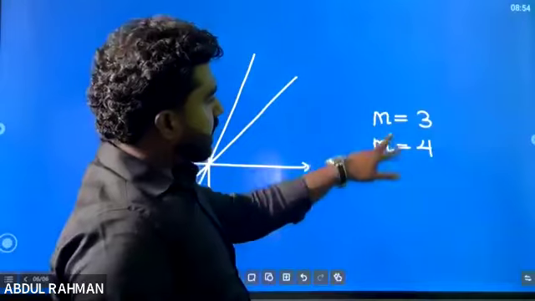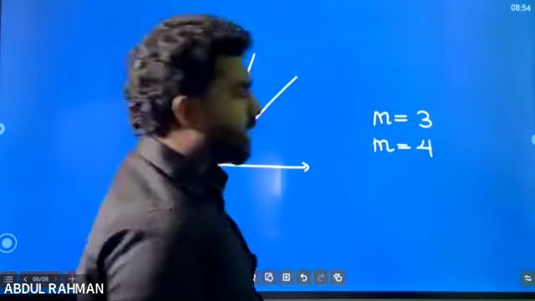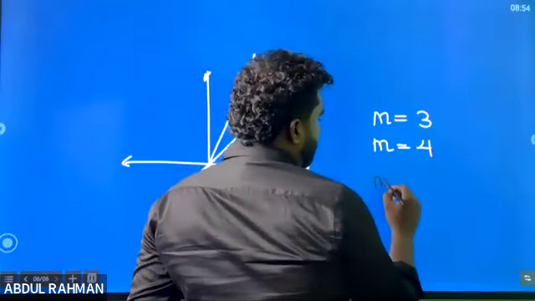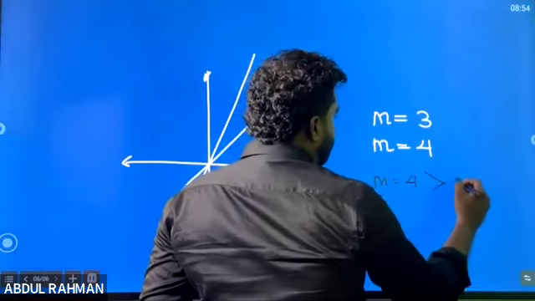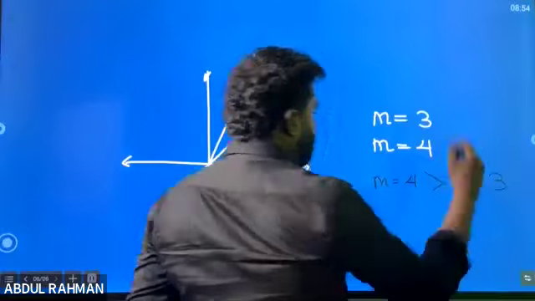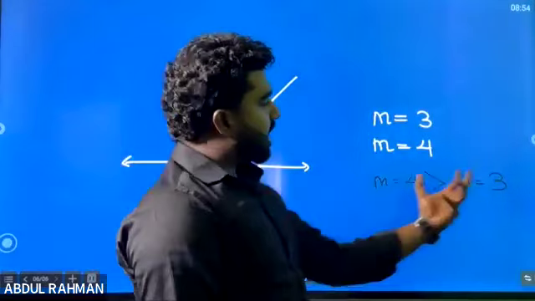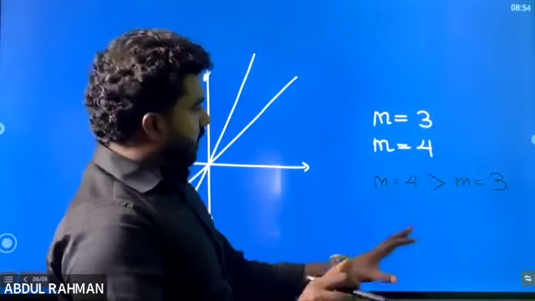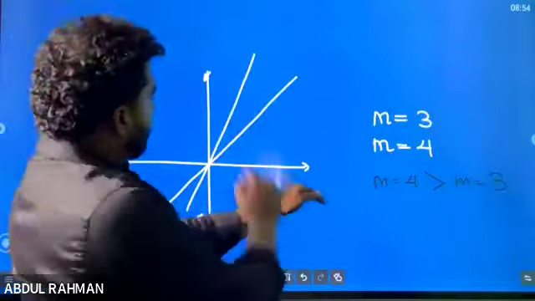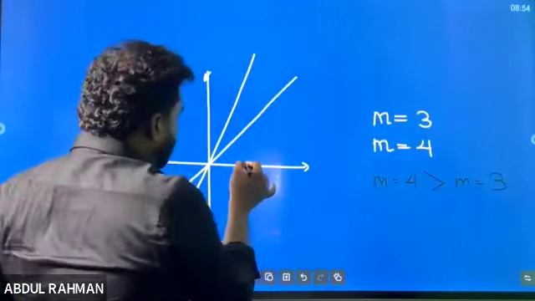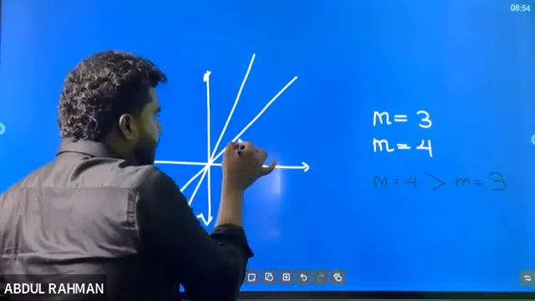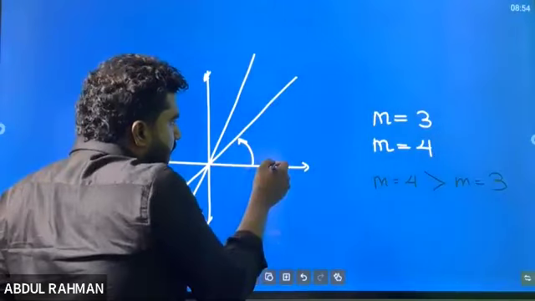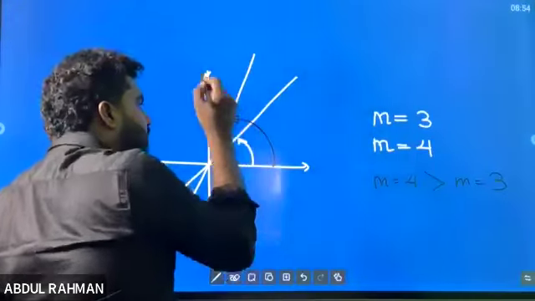Now when you compare both the gradients, which gradient is the largest? m = 4 is larger than m = 3. So 4 is larger than 3. Now I'm asking which graph? I have two graphs here. One graph is making this angle, the other graph is making this angle.